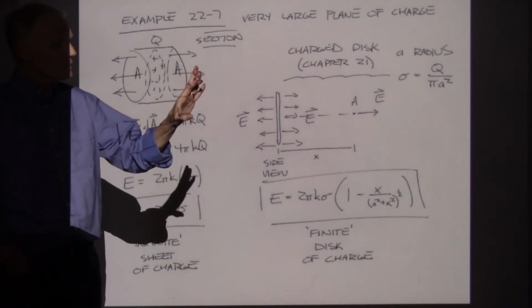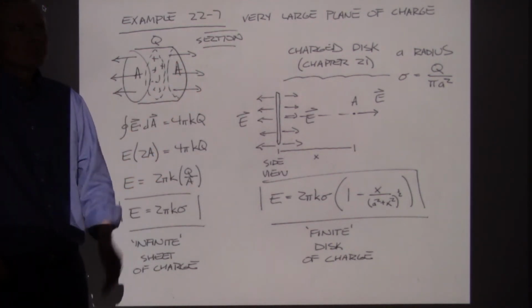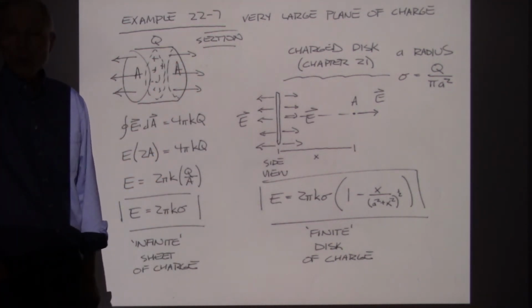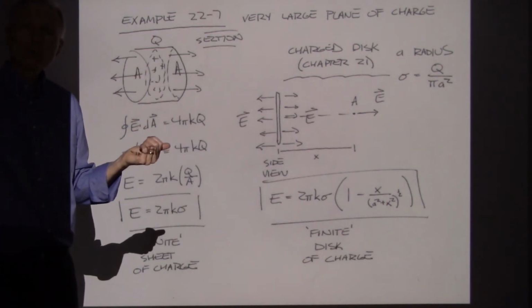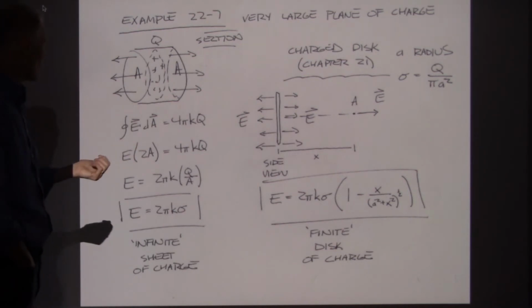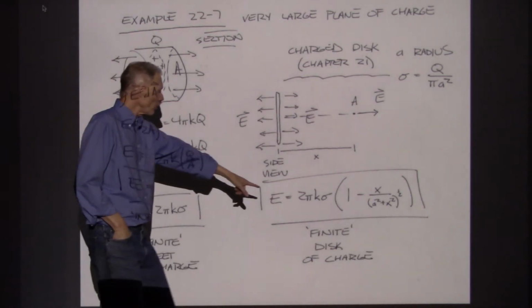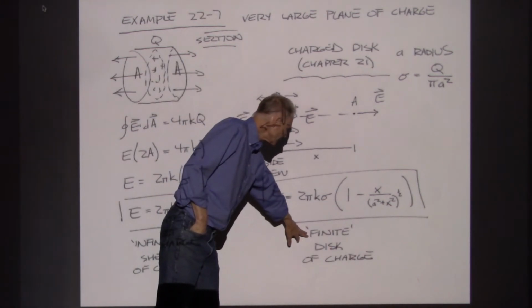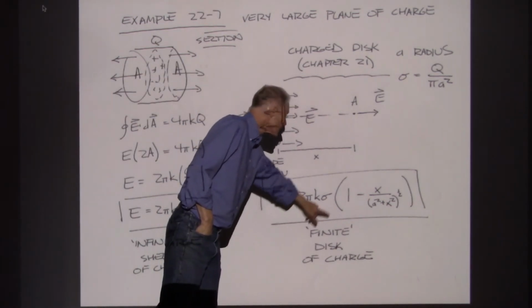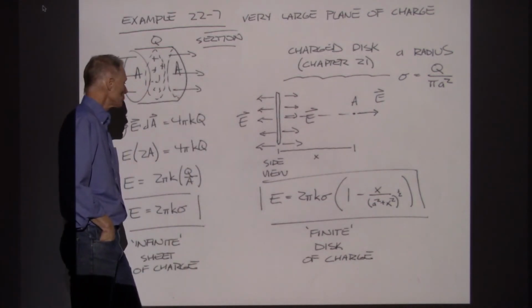If I've got a disk, now in reality, charge distributions don't go on forever. They're not infinite. And so that's why back in chapter 21, we took a look at this example to see what it would look like. This was the finite calculation. We did a finite disk, which gives us this formula.